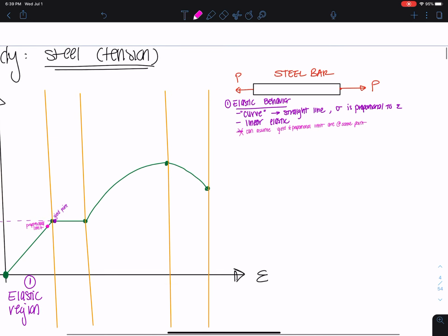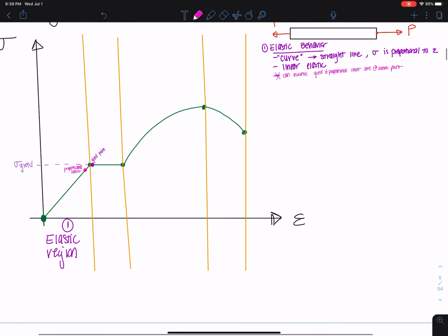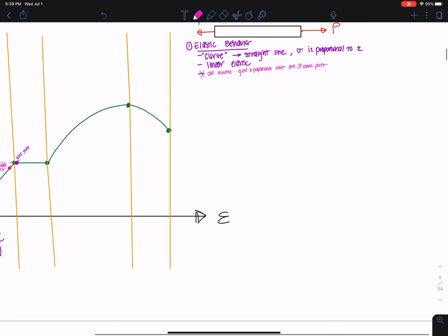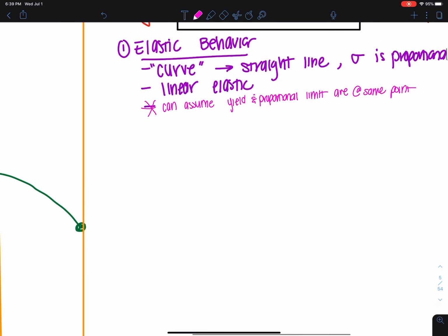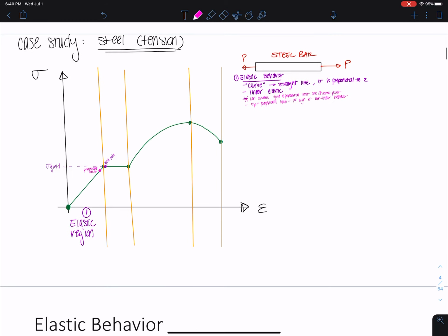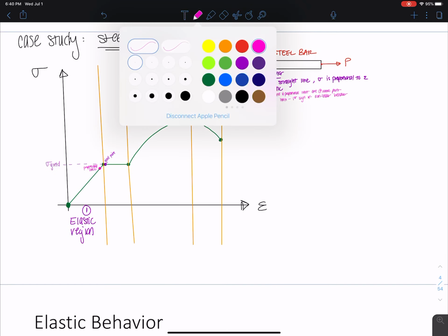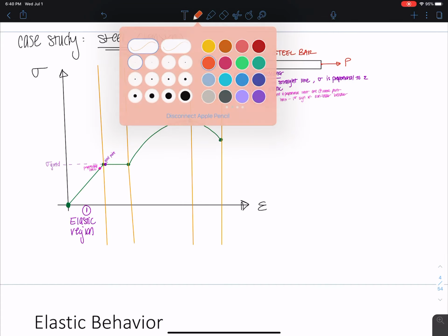So basically, and then just so we know what the proportional limit is actually, I'll say this is the proportional limit, first sign of non-linear behavior. So that takes us into our second region here, which is, I'm trying to find another color I can use for all these regions, yielding.